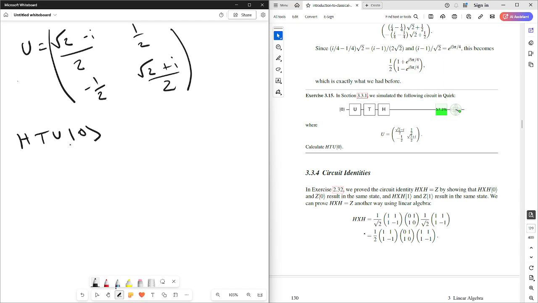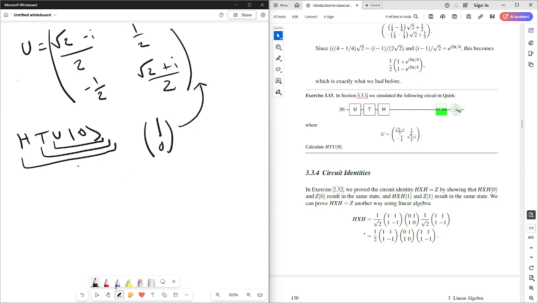Excuse me. So what we'll wind up with, we'll start here. We've got 0 in column vector form, 1, 0. We will do a matrix vector multiplication.